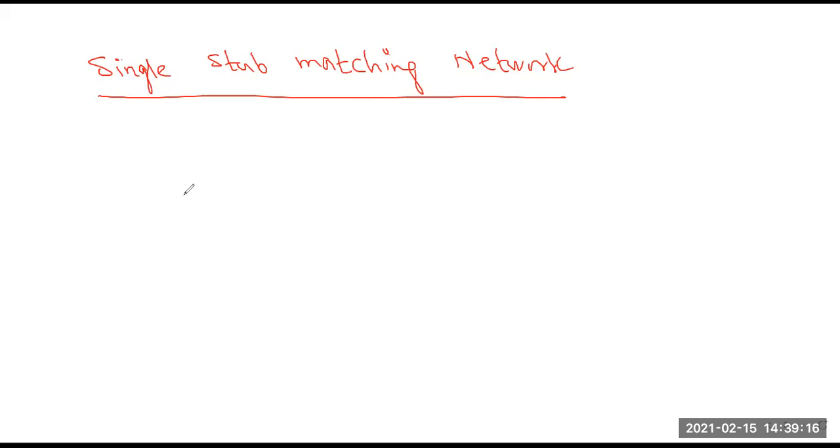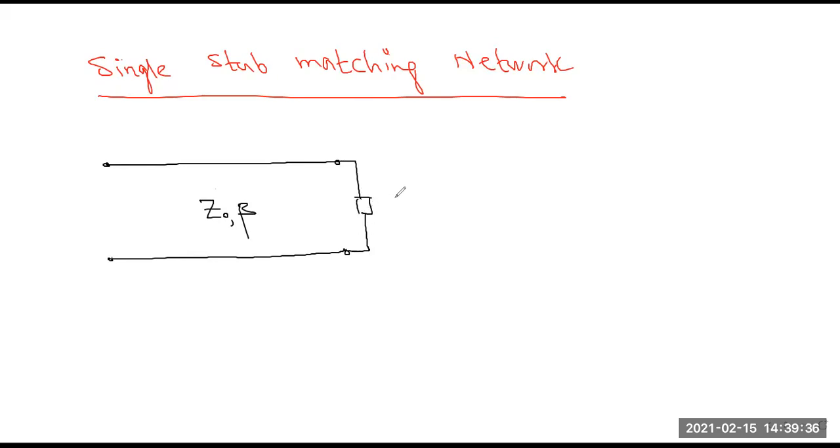So let's assume that this is the problem that we are facing, that there is a transmission line. This is our main transmission line or main system, and we have connected it with a load represented by ZL, and ZL is not equal to Z0.